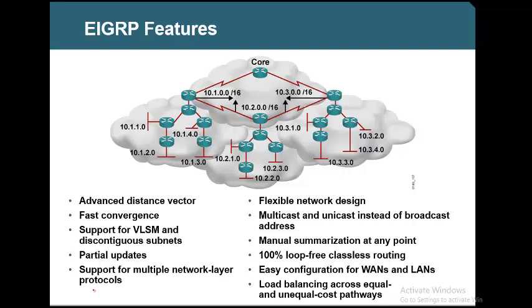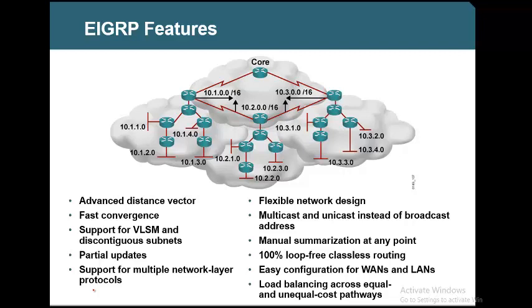Now we're switching into the next topic, 100% loop-free classless routing. Like any other protocol, EIGRP also has a loop prevention mechanism. We saw in RIP, you also answered very well when I asked you how loop is prevented in RIP. You said split horizon.